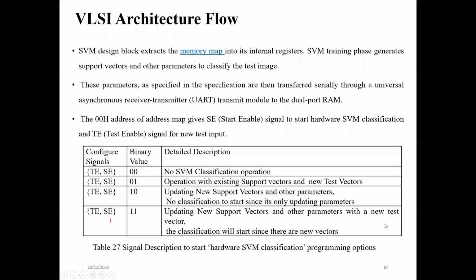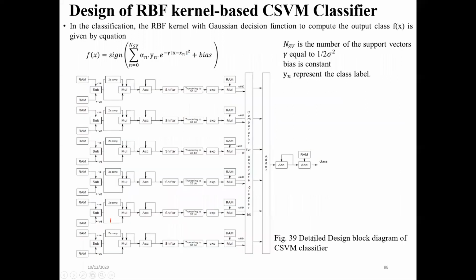Updating new support vectors and other parameters with a new test vector, the classification will start since there are new vectors. And this is the design of the RBF kernel based CSVM classifier. The classification, the RBF kernel with Gaussian decision function to compute the output class, is given by this equation.